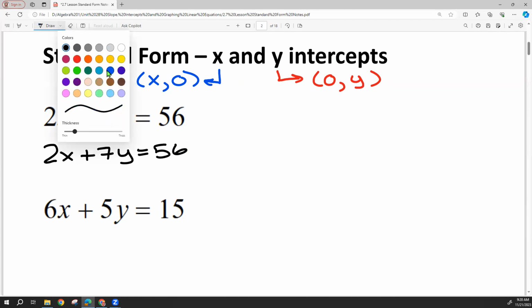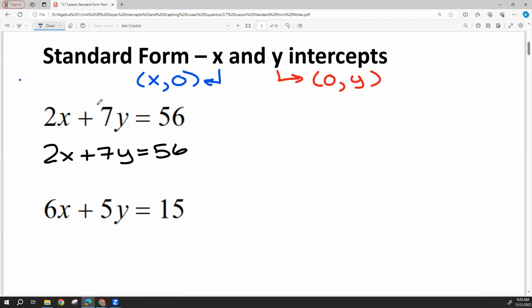To find the x-intercept, I'm going to get rid of the y term. If I plug 0 in for y here, 0 times 7 is 0, and then this term goes away. So what I'm really solving here is this equation for x. I solve this equation for x by moving 2 over here. 2 is multiplying right here, so when I move it over, it's going to be dividing.